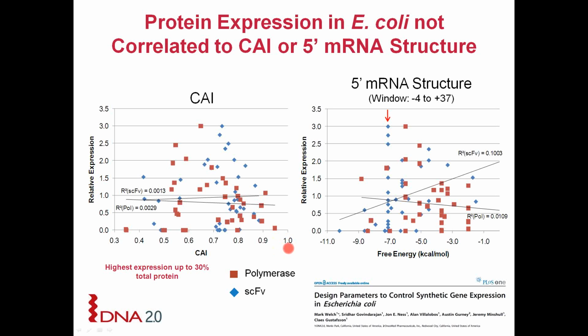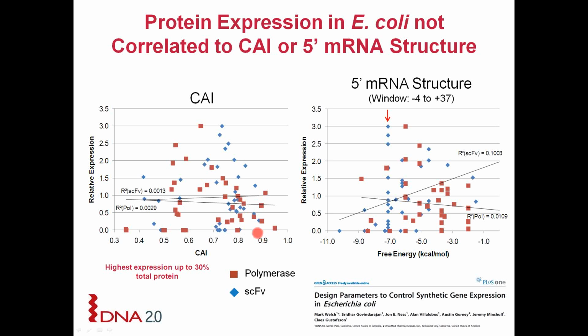A codon adaptation index of 1 means you're only using the so-called optimal codon for every amino acid in the sequence, and that's the one that is most frequently used in highly expressed genes. So everyone tries to push codon adaptation usually up above 0.9 in their optimization algorithms.